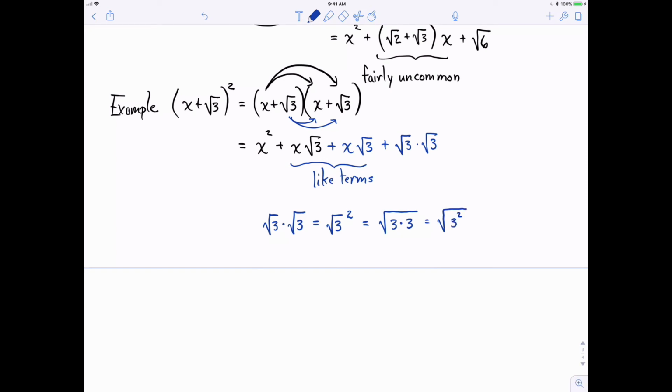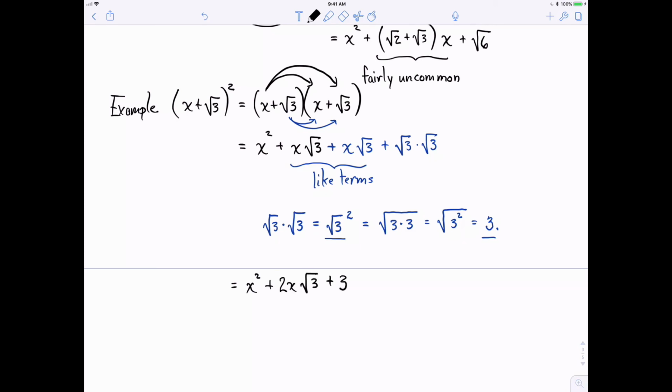And we already said that if you take the square root of something squared, the result is the base. Wow, look at all the different ways we can write this. We're going to use the fact that the square root of 3 times the square root of 3 is the same as the square root of 3 squared, and it's also simply 3. All right, so with that, let's put our problem all back together. I'd write x squared. I combine my like terms to get plus 2x square root 3 plus 3.